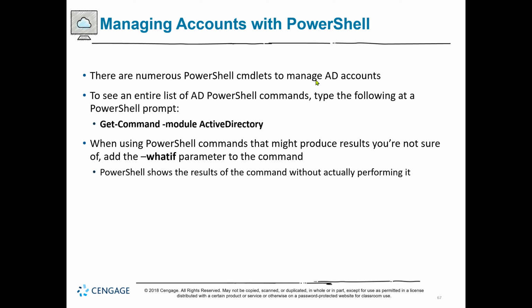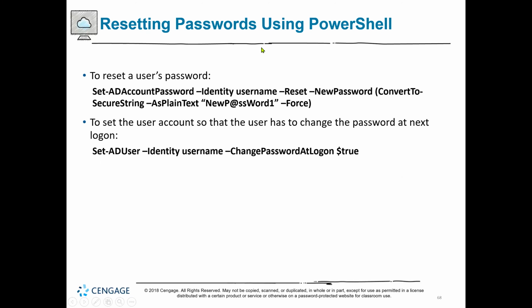Then it shows you the results of the command without actually performing it, which is why the WhatIf parameter is your friend. Yeah, no, don't do delete sys32 unless you put -WhatIf after it. Or format or drop, there are so many ways that you can go wrong.